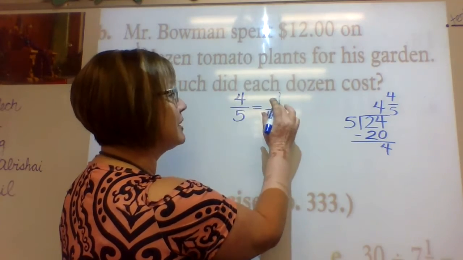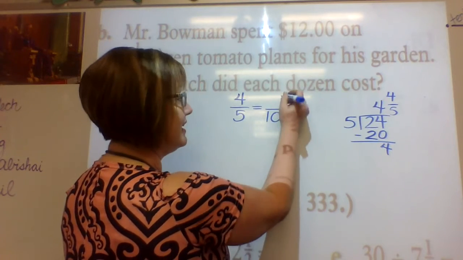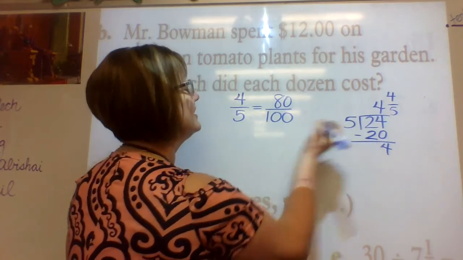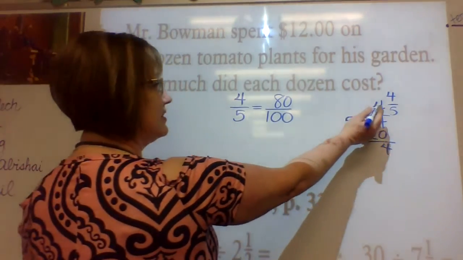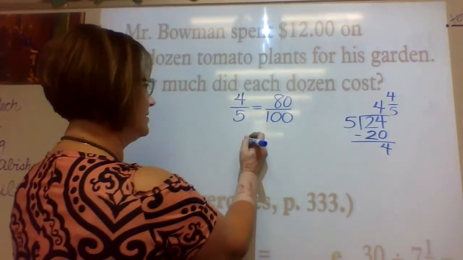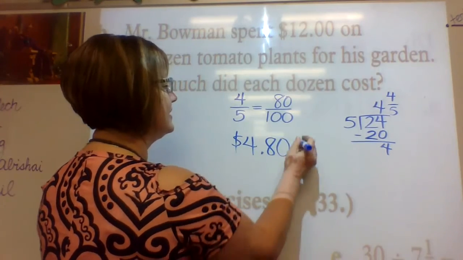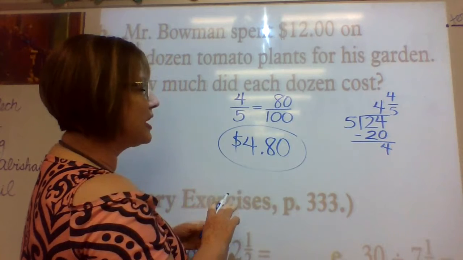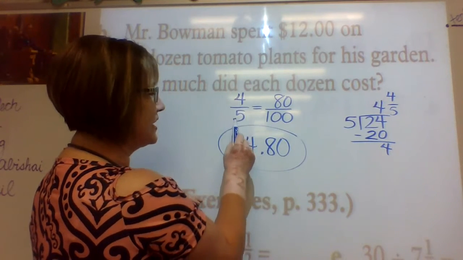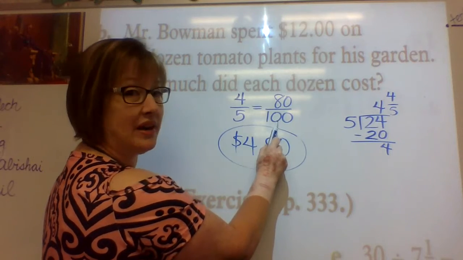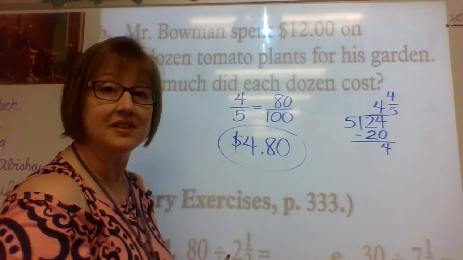So 4 times 20 is 80. So that's 80 out of 100, that's 80 cents. This is a weird little way to do this, but this will be $4.80. So whenever you want to know how much of a dollar a fraction is, you do equivalent fractions into 100 for your denominator because there's 100 cents in a dollar.